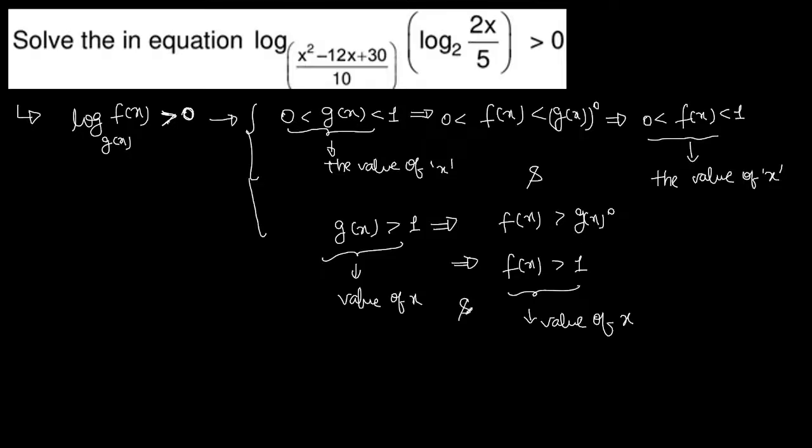Take and, and after taking and you get both the values, and then take union. Okay, so we'll continue with this question. We don't have space. Okay, we will have to take both the cases.